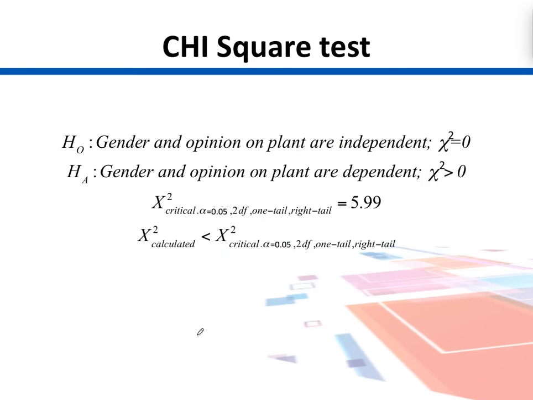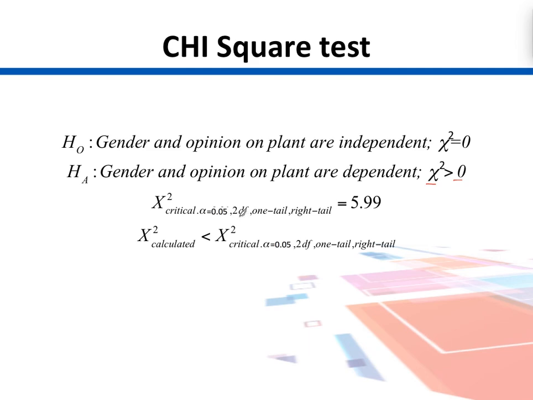Now we do the hypothesis testing. The null hypothesis is that gender and opinion on the plant are independent, that is, chi-square equals 0, versus the alternative that gender and opinion are dependent, that is, chi-square is greater than 0. The chi-square critical value comes from the chi-square table at alpha 0.05 with 2 degrees of freedom.